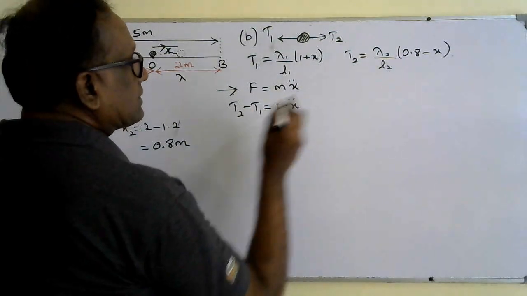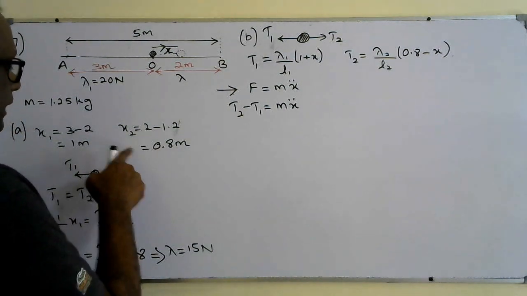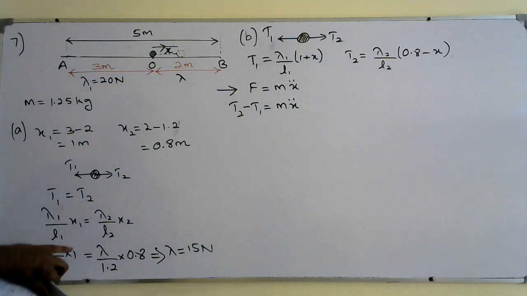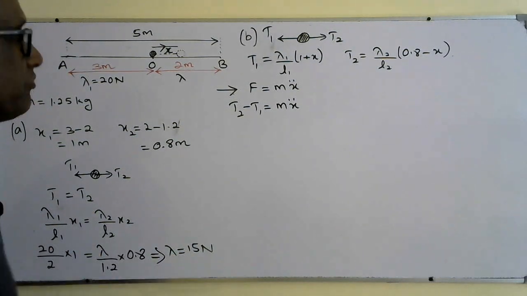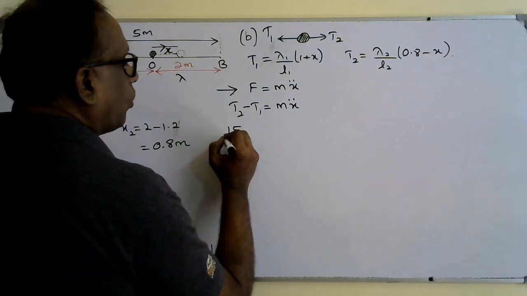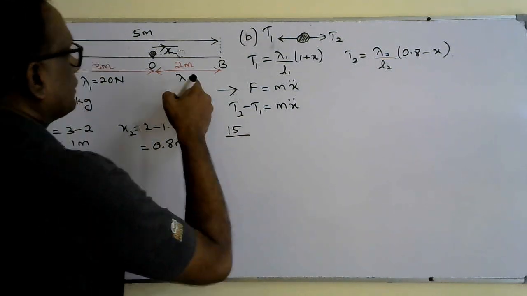Okay, T2, that is lambda 2 over L2. Lambda 2 is the lambda that is 15, over L2.